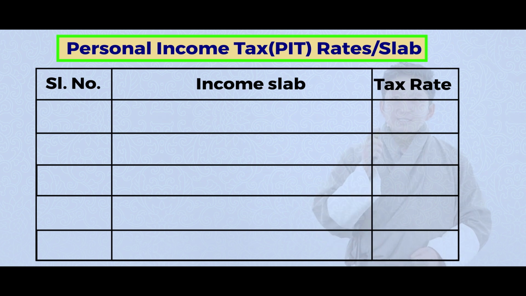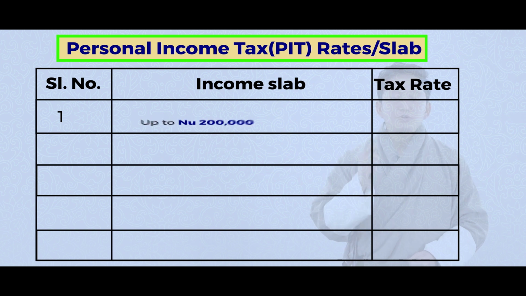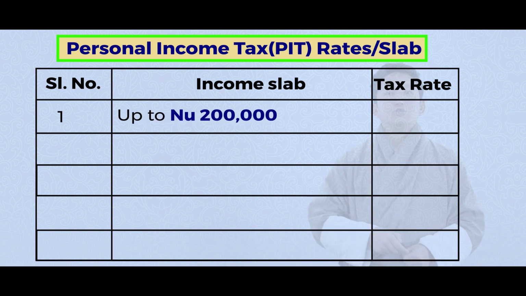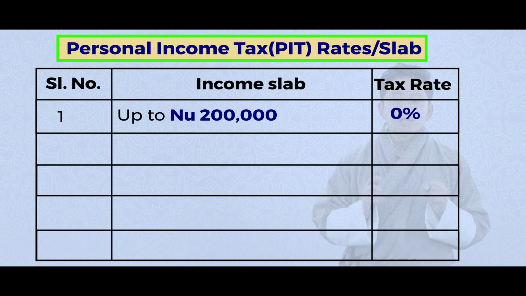So in a tax slab, in serial number 1, we have up to Nu 200,000. So the tax rate for income up to Nu 200,000 is 0%. That means up to 200,000, we don't need to pay the tax.